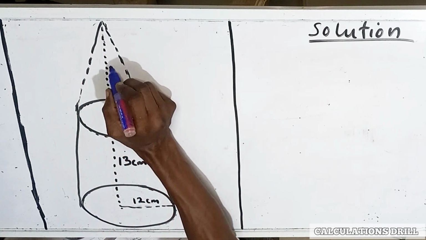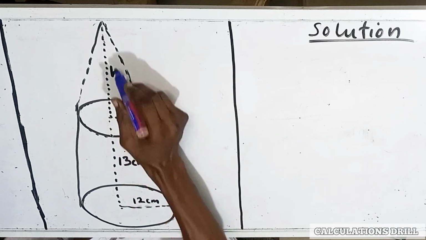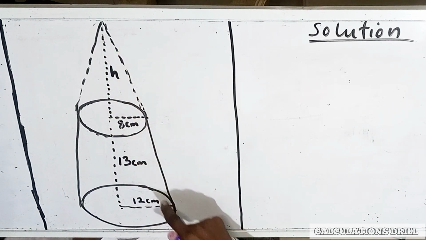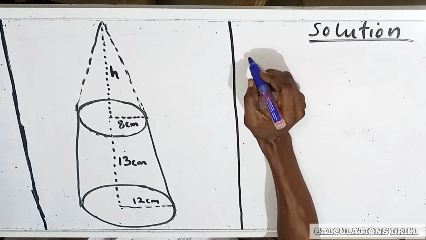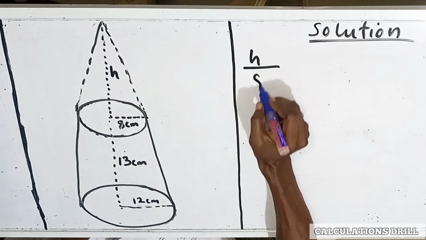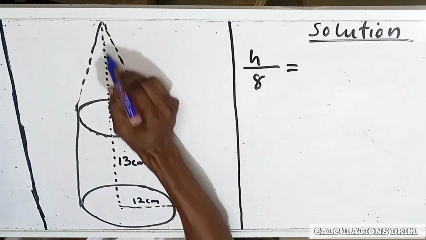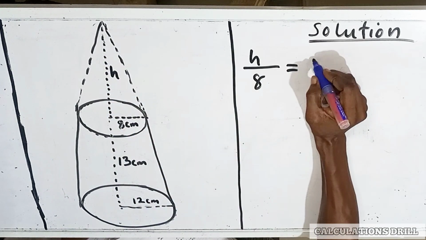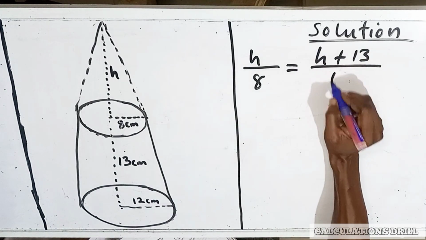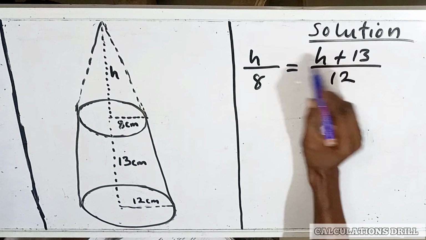There we have the big cone and the small cone. We are going to solve for h of the smaller cone, and to do that, h over 8 is equal to h plus 13 over 12.